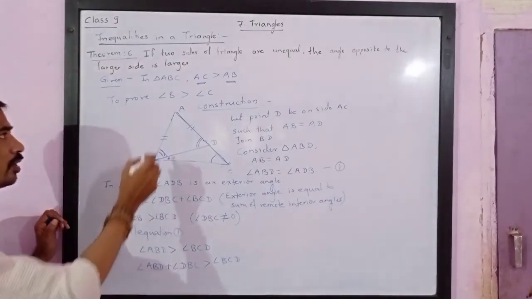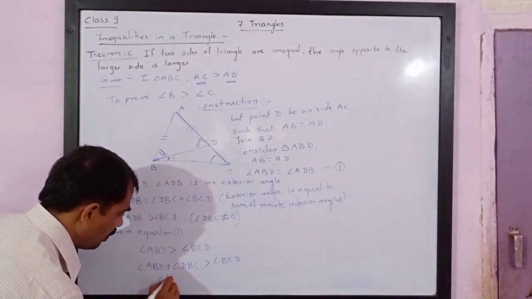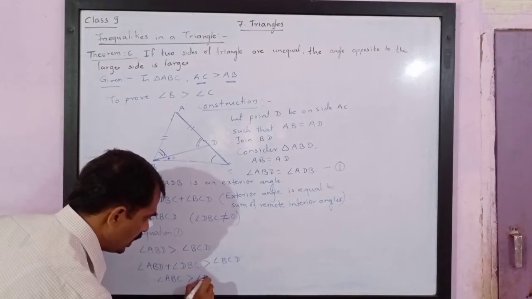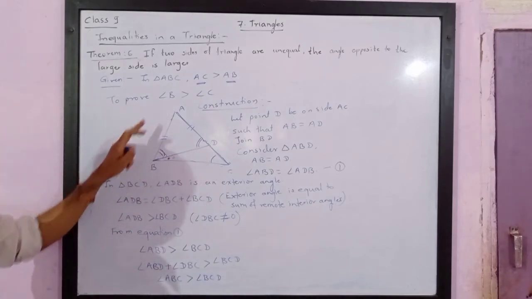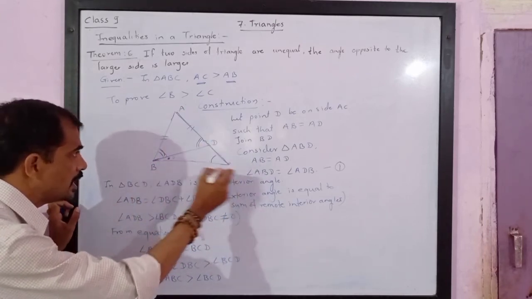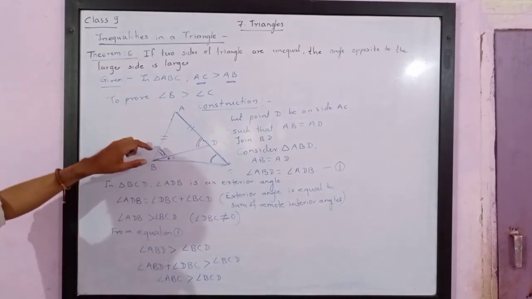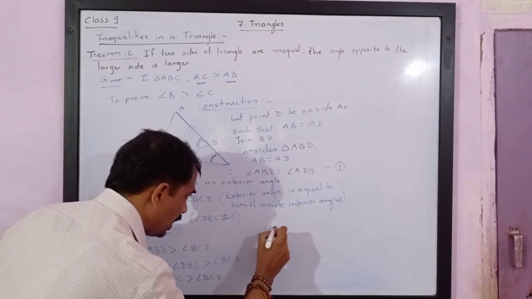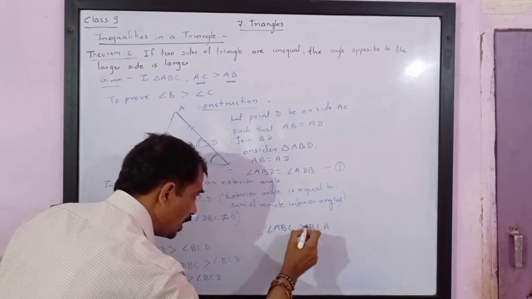Now see, look at the figure. ABD plus DBC is angle ABC. So I will get angle ABC is greater than angle BCD. BCD is nothing but ACB; BCD and ACB are one and the same. So I can say that it is greater than angle BCA. Therefore, angle ABC is greater than angle BCA.